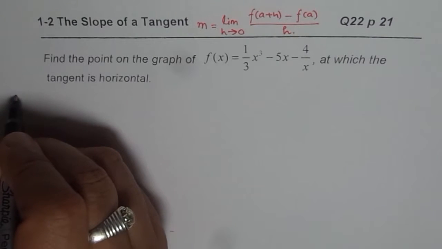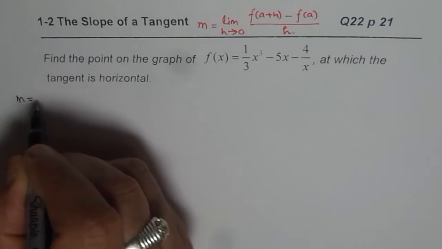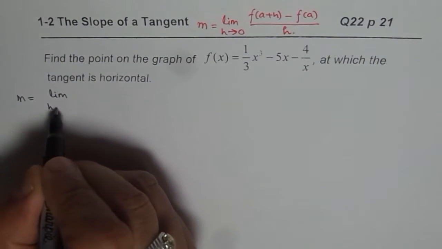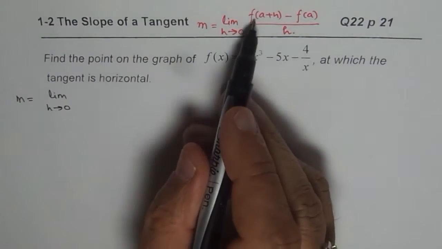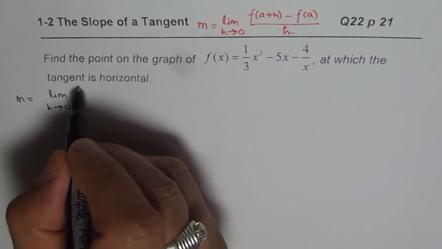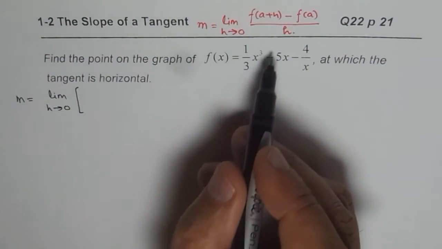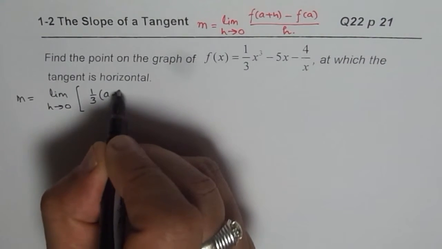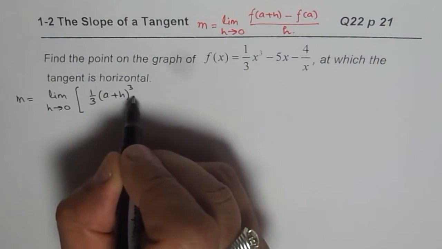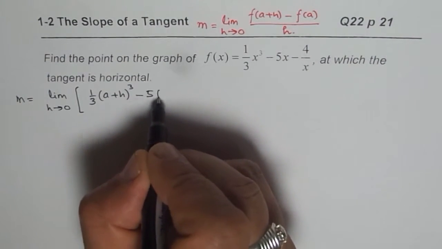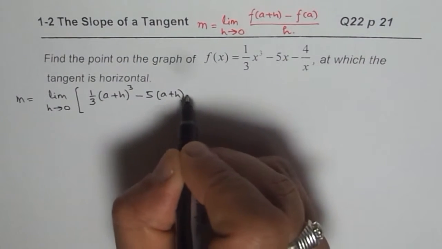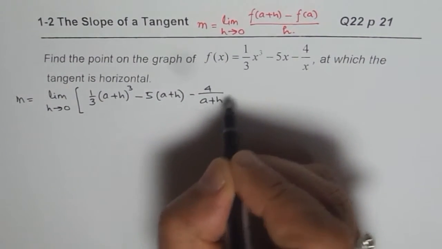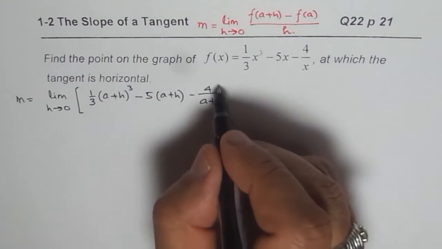So what we're given here is that slope m is equal to limit h approaches 0. f of a plus h really means that we will replace x with a plus h. So we have 1 over 3 times (a plus h) whole cube minus 5 times (a plus h) minus 4 over a plus h. This is the first term, f of a plus h.